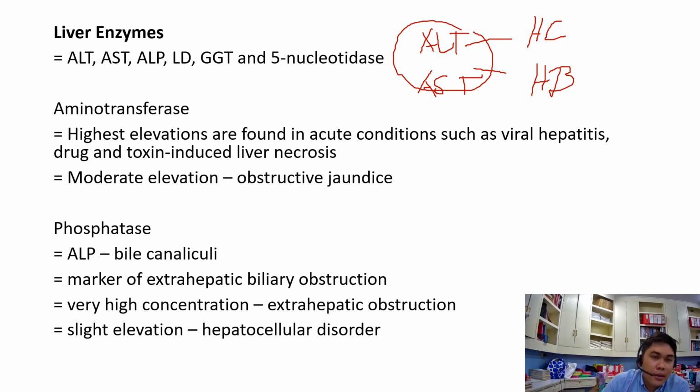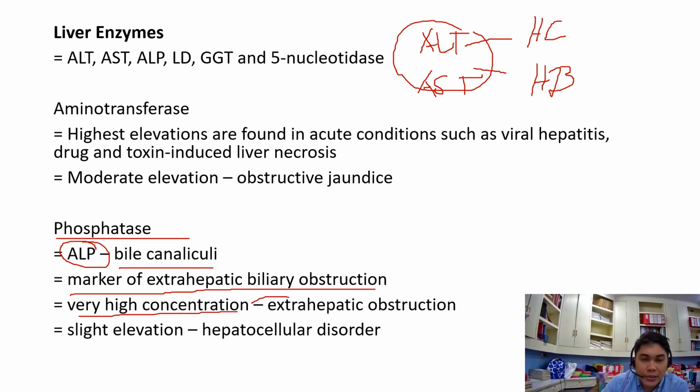Next, phosphatase. For phosphatase, you have your ALP, one of whose sources is the bile canaliculi. It is a marker of extrahepatic biliary obstruction. There is very high concentration of ALP in extrahepatic obstruction and slight elevation in hepatocellular disorder.